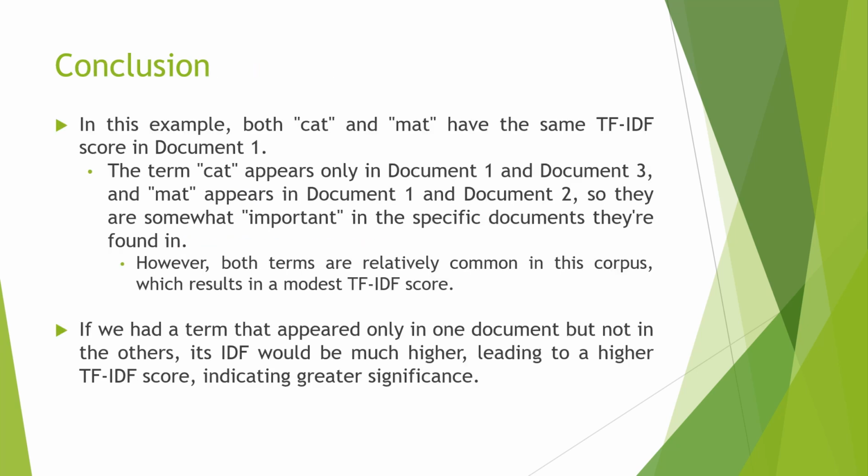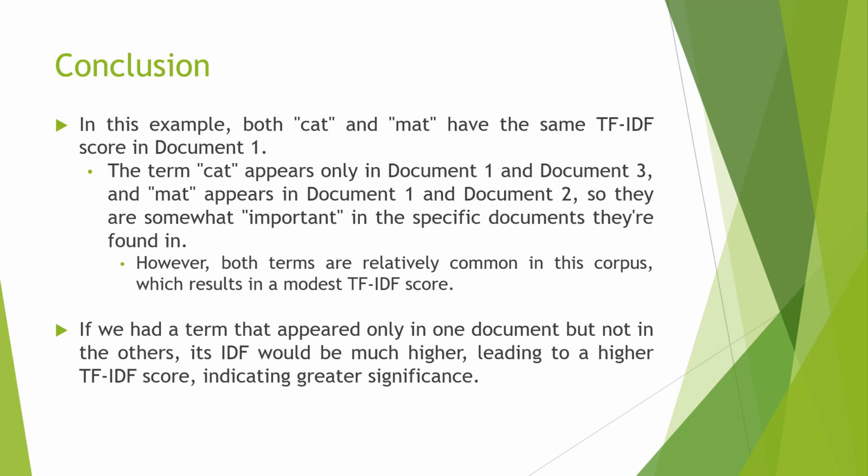From this example, the words cat and mat have the same IDF score, because the term cat appears only in document 1 and 3, and mat appears in document 1 and 2.